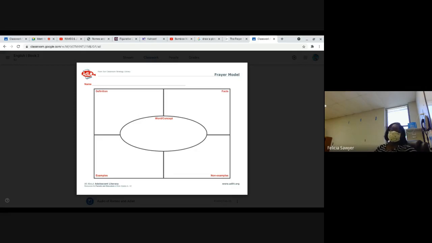So I put your directions in the chat box. You're going to write the word in the middle, in the oval. You're going to draw a picture, write the definition of the word in another box, and give synonyms and antonyms. And then finally, you can give examples and non-examples, and then write a sentence using the word.